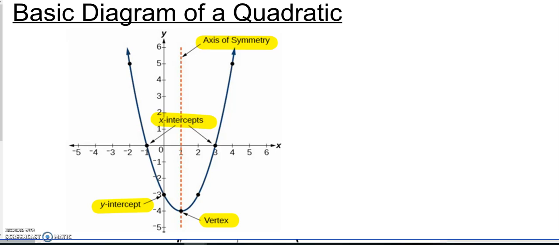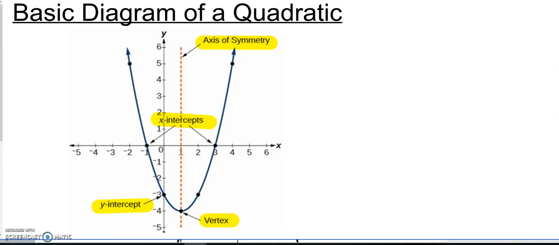So just a couple of basic things that we'll see with parabolas. You can see that we have this thing called the axis of symmetry. It's a vertical dotted line, which usually you don't really show on the final graph, but it can be a good point we can use to help us graph these things.